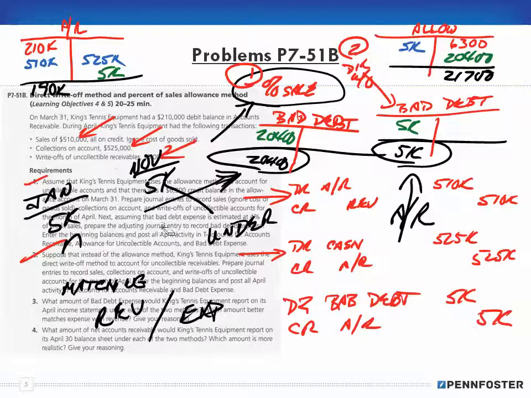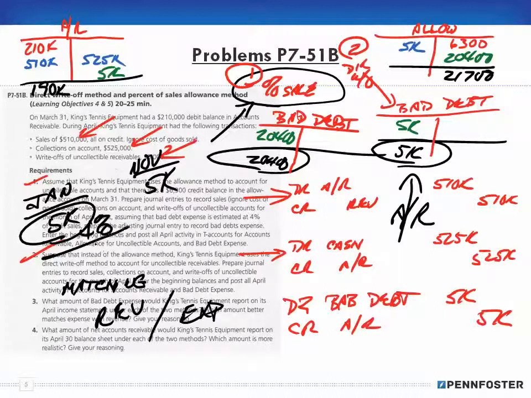Whereas if we were using the percent of sales method, we had 5,000 in sales in January, and we're taking 4% of it as an estimate. So we're matching up our 2,000 in expenses with our $5,000 in revenue, and then later on in November, when we say that accounts receivable is no good, and we'll write off the 5,000, well, that's affecting our accounts receivable.